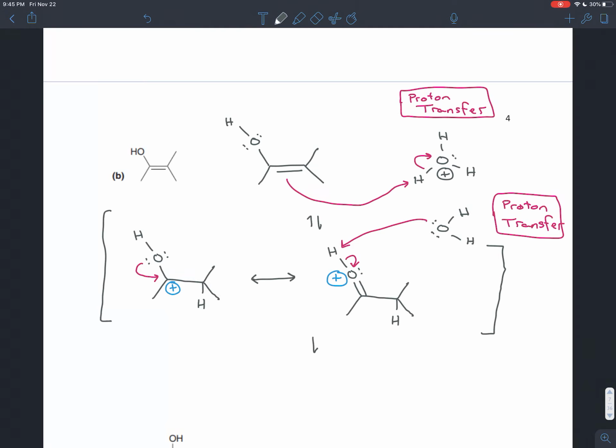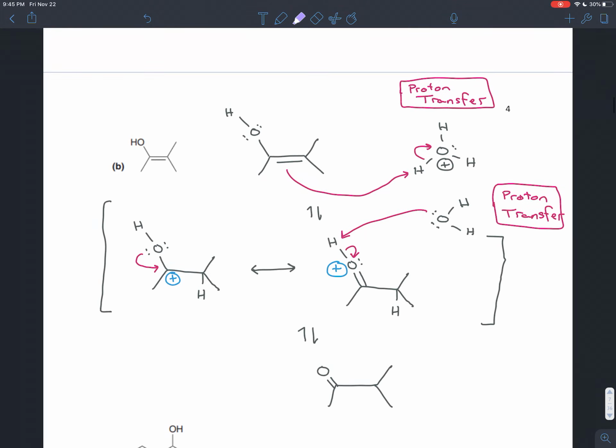And what you get after that, beautifully, is the ketone. And so we started with an enol, an OH bonded to a double bond, bonded to a carbon, and we end up with a ketone, a carbon double bonded to oxygen, single bonded to 2 carbons.